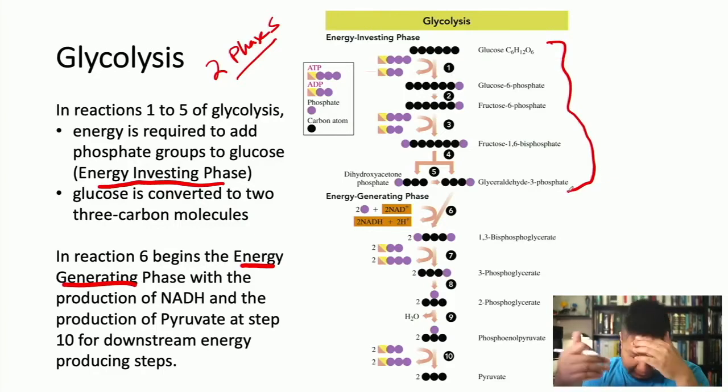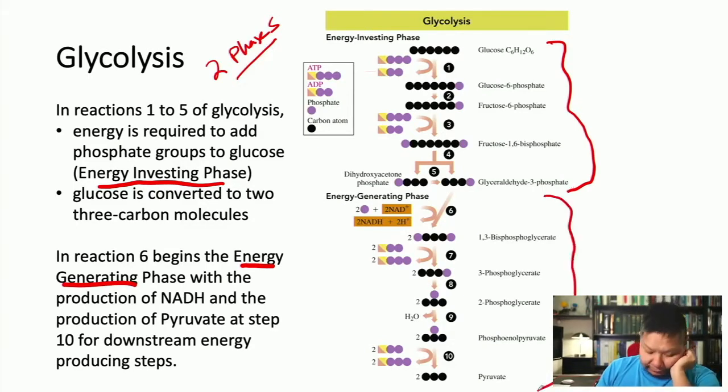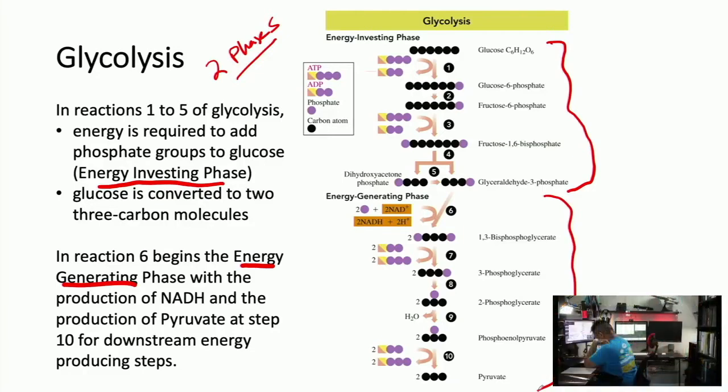Then steps 6 through 10, right here, is where you get energy finally being produced in the form of NADH. This NADH will later go into the electron transport chain to produce energy.